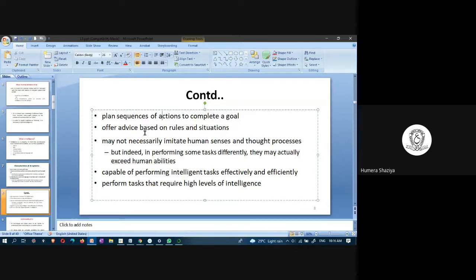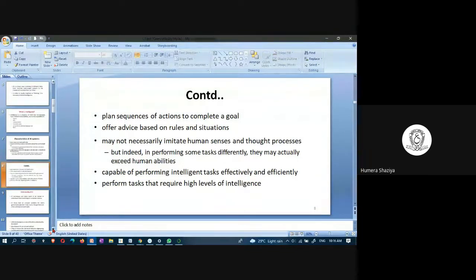Anyone know about chatbots? Chatbots are software bots that are used to talk to the system, capable of performing intelligent tasks effectively and efficiently, tasks that require a high level of intelligence.